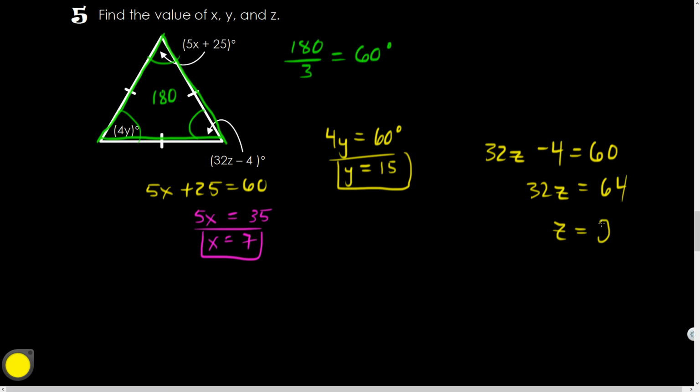I'm going to write a capital 2 for this answer, as opposed to these lowercase 2s right here. So z is equal to 2.